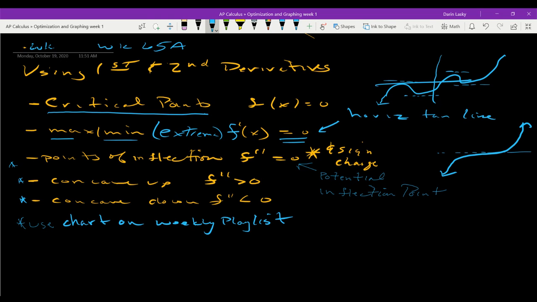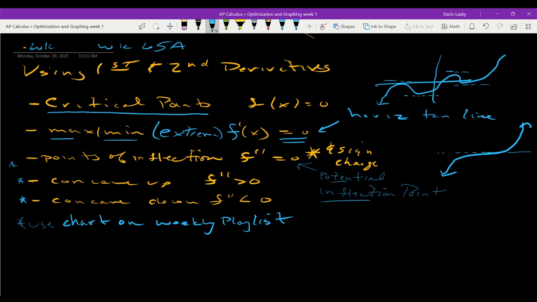And so that is an inflection point here. Otherwise you're pretty much looking at the idea of a maximum or minimum. So it's a potential inflection point, but it's not necessarily an inflection point. You've got to have a sign change when it comes to that second derivative.